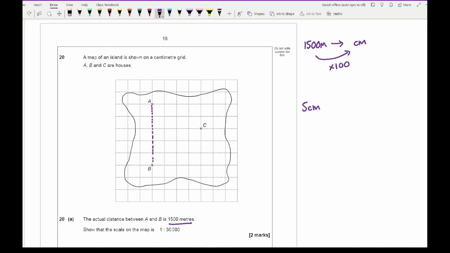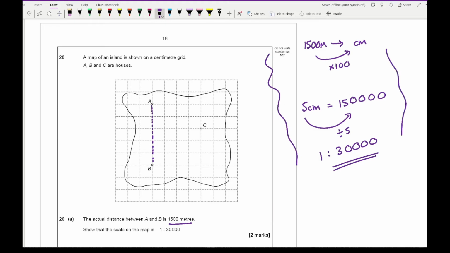So I've got 5 centimeters equals 1500 times 100, which is 150,000. Now from this, I want to divide that by 5, so that I get 1 to 30,000, which is what they wanted me to show. So in terms of the 2 marks, I need to show this working out.